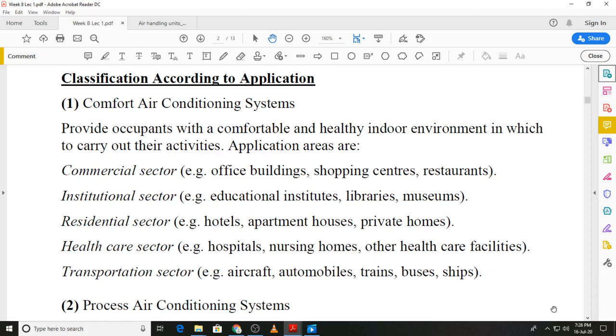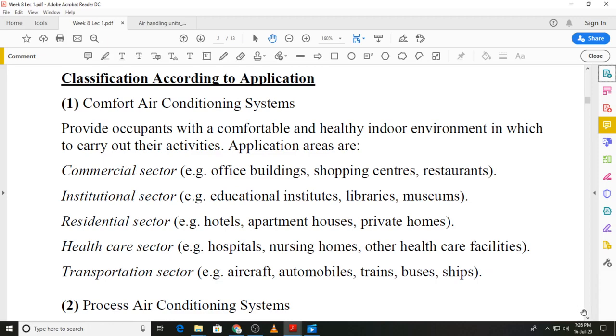After that we can also go to the residential sector, that includes hotels or apartment blocks that are air conditioned, and then we have hospitals, clinics, or other healthcare facilities. And finally, of course, the transport modes that include both air travel, on roads, on sea. So we have a wide and diverse applications of air conditioning for human comfort.